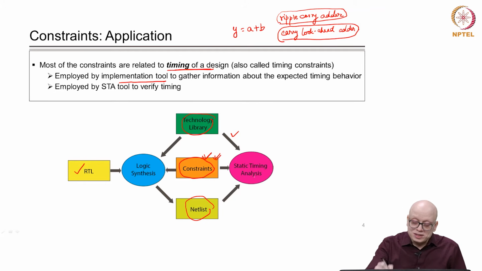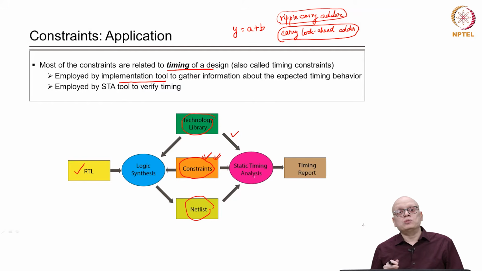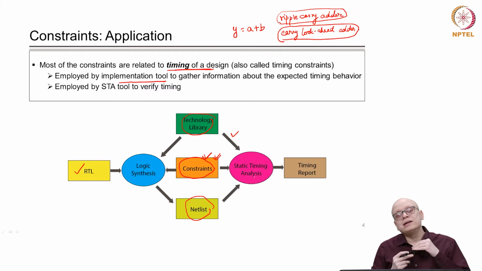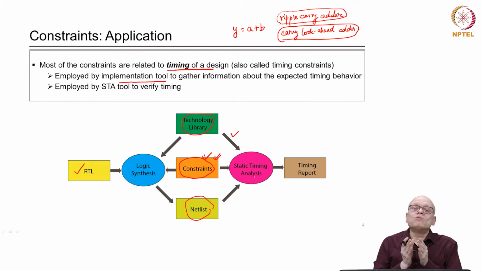So, static timing analysis will do an analysis and generate a timing report based on the constraints that we are giving. For example, if in the constraint we are setting the clock frequency as very high, right, in that case, the required time for setup analysis will become very small, and therefore, the chances of violation increase, right.